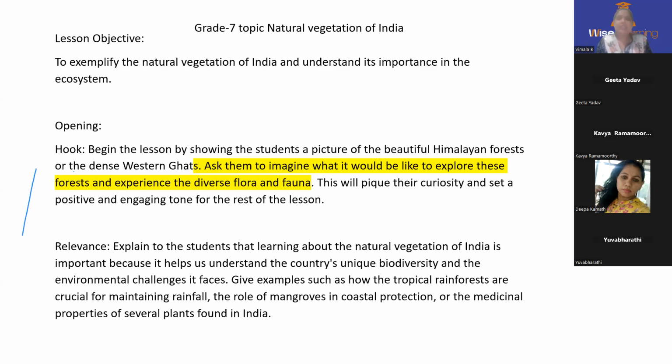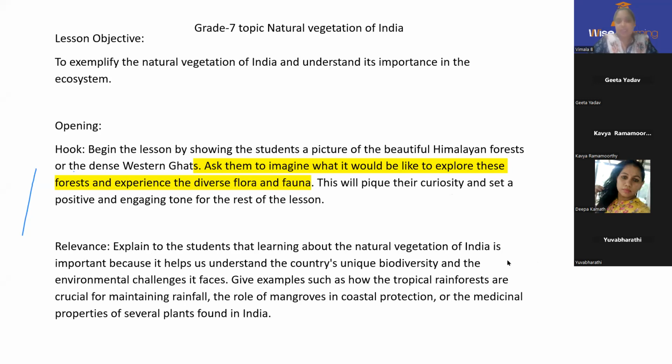When I start the session with this type of hook, it will remain throughout the session. It will create curiosity and set a positive, engaging tone for the rest of the lesson. The relevance is the complete picture of my lesson plan: the natural vegetation of India is very important.